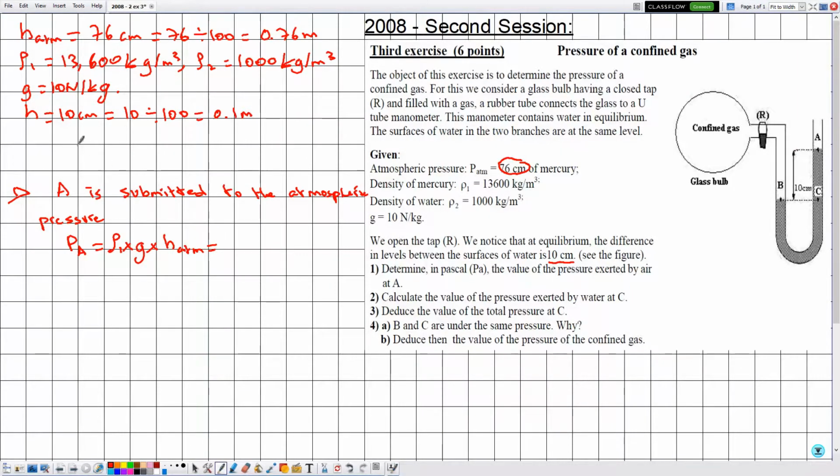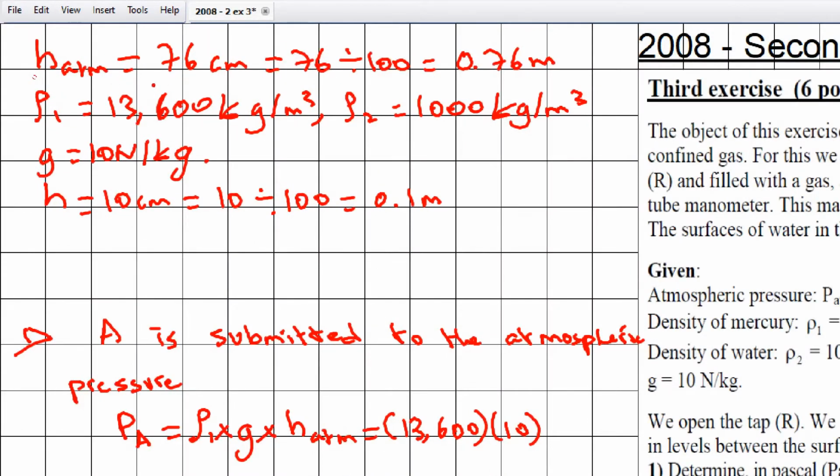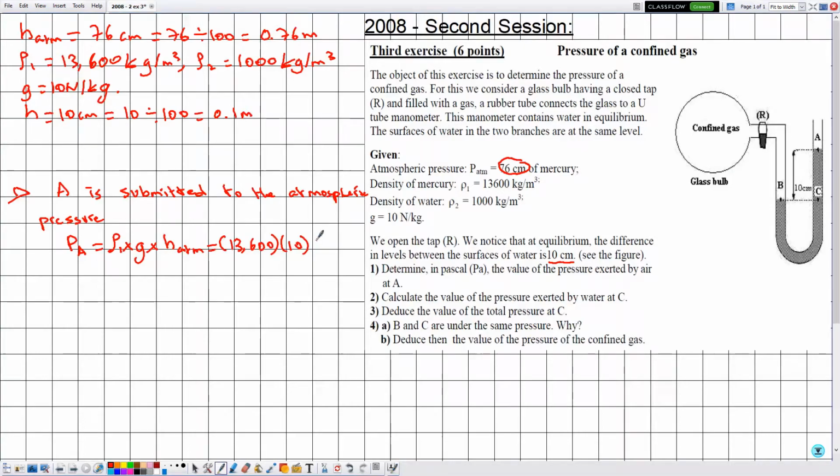Now the density of mercury is given by 13,600, and the value of g is given by 10, and the value of the atmospheric height is given by 76 centimeter in this case, and in SI, 0.76.